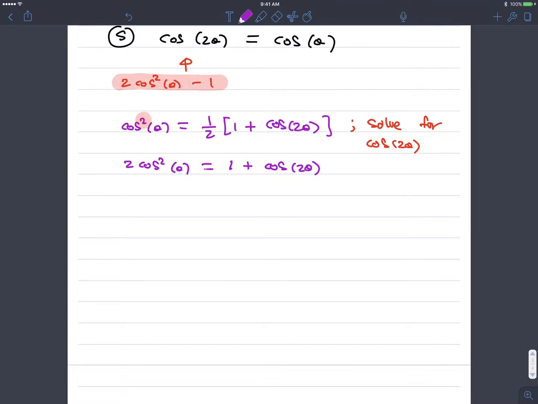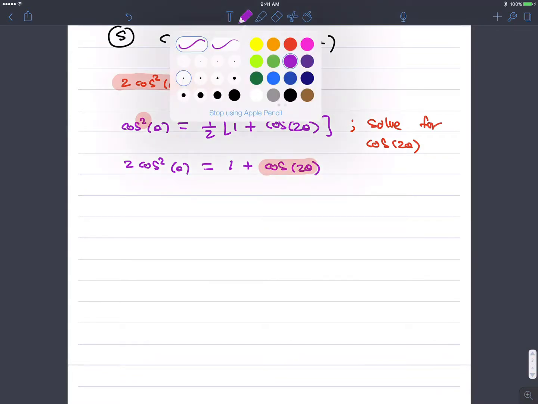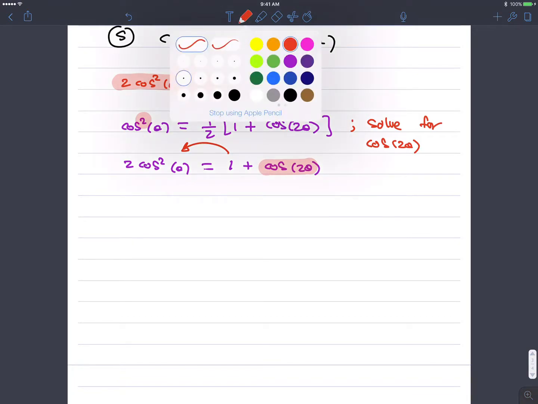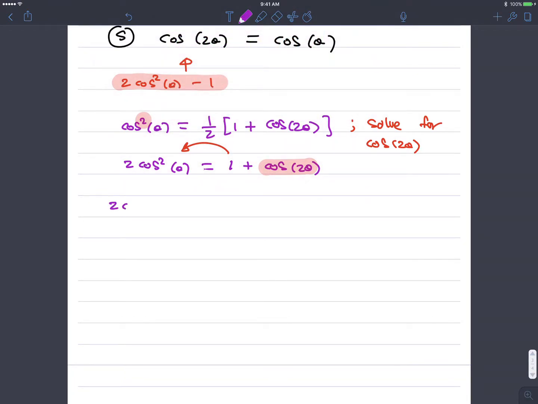Now, I'm going to erase this because it's distracting to me. Okay. How do I solve for cosine 2 theta now? Remember, I'm solving for this. Yesterday, I talked a little bit about what I like, which is called translation. So we'll see that 2 cosine squared theta minus 1 is, in fact, cosine 2 theta. So wherever I see a cosine 2 theta in the original problem, I can always replace it with 2 cosine squared theta minus 1.